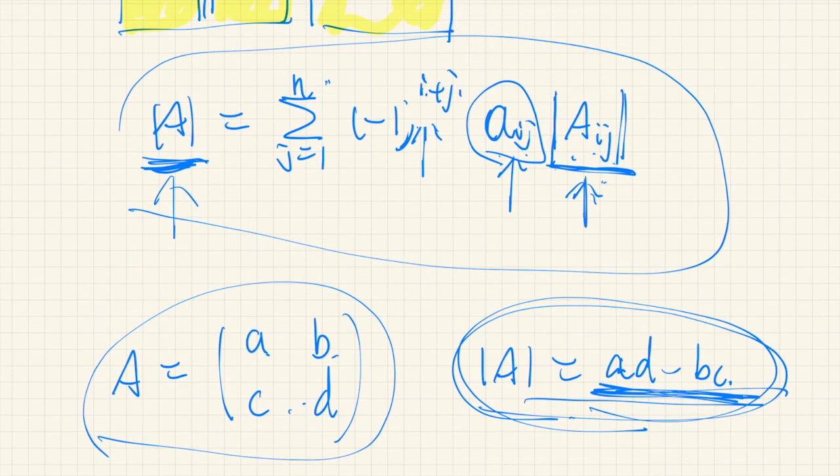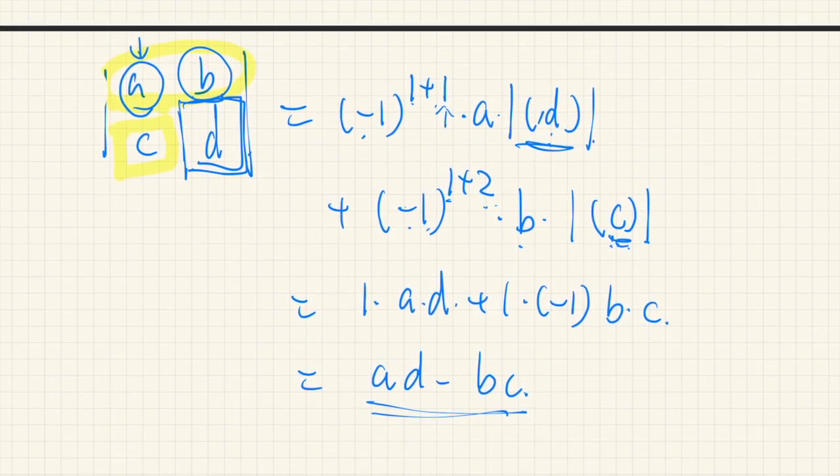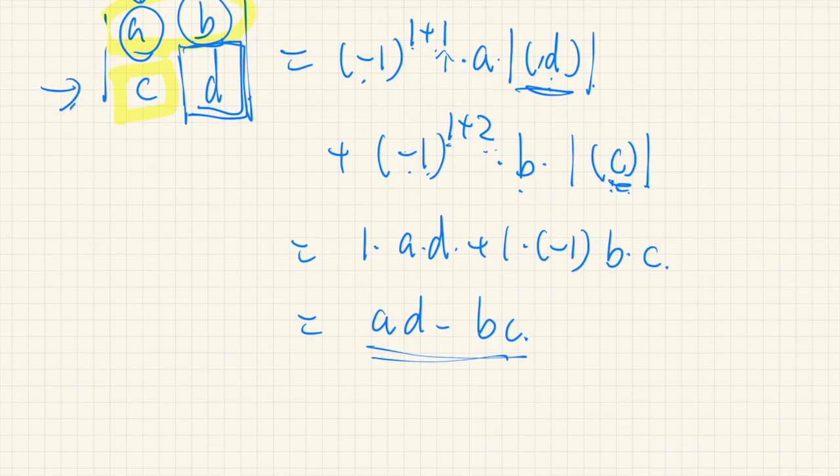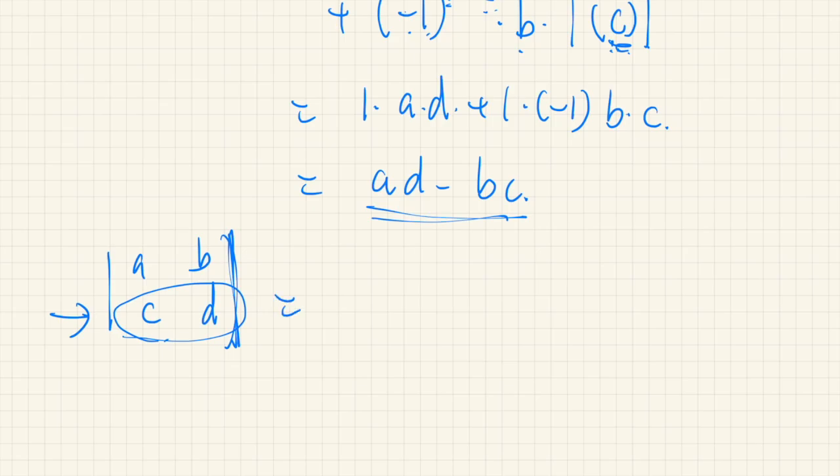Now in this definition, we said this index i can be chosen arbitrarily from 1 to n. So let's calculate the same thing again, but using a different i. So A, B, C, D, and this time let's pick the second row, so i is 2.